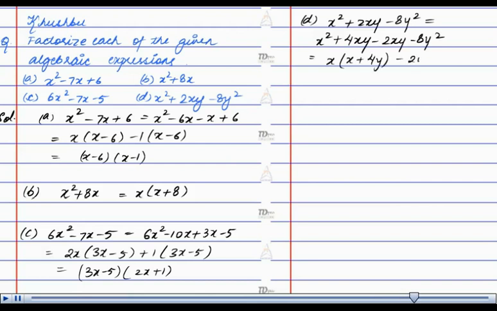Taking out minus 2y common from the last two terms, we are again left with x plus 4y. Now taking out x plus 4y common, we are left with x minus 2y. So the final result is x plus 4y into x minus 2y.